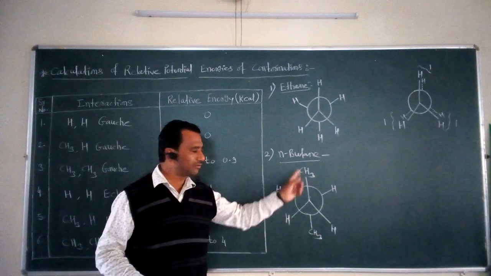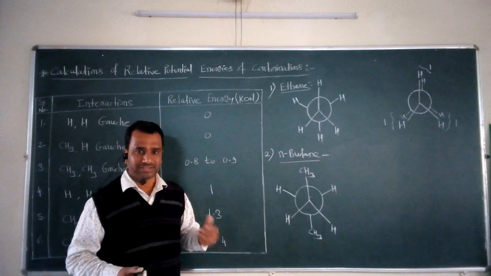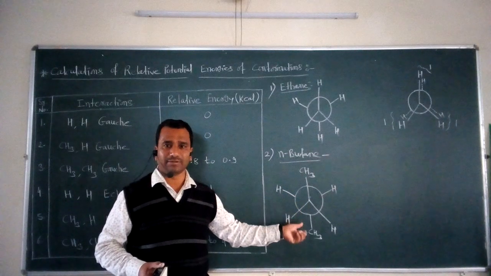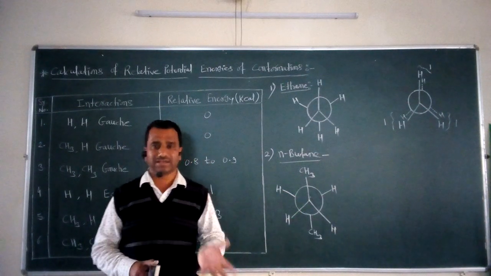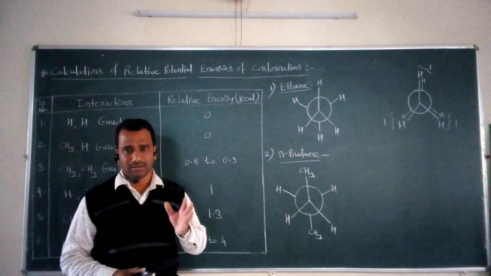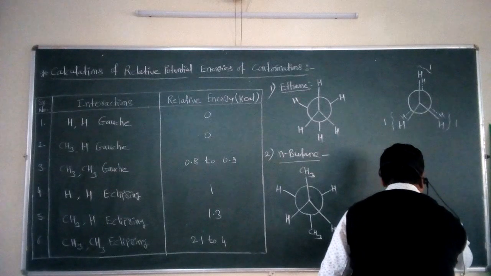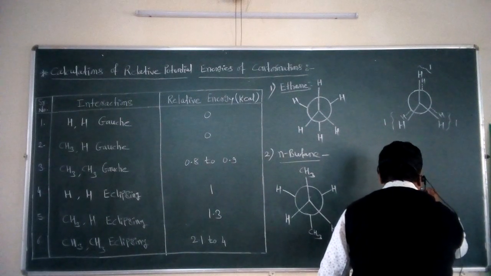If these two methyl groups are present in an anti position, then this conformation is an anti-conformation, or it may be called the staggered conformation. For this conformation we are interested in calculating its energy, and then the second conformation we have to consider for this butane molecule.